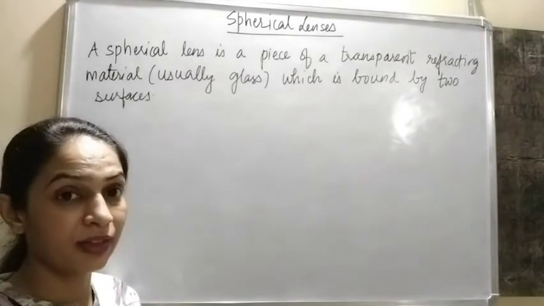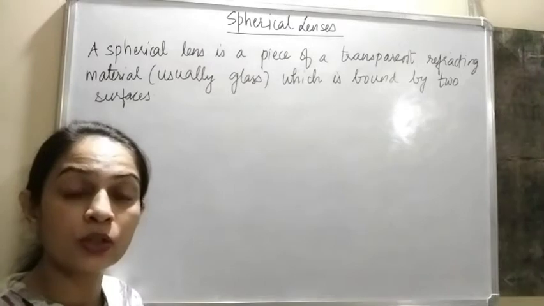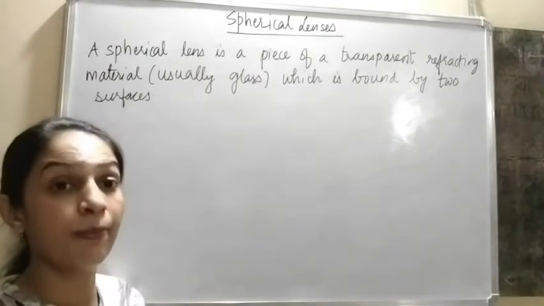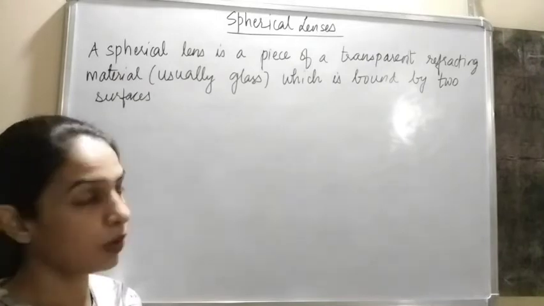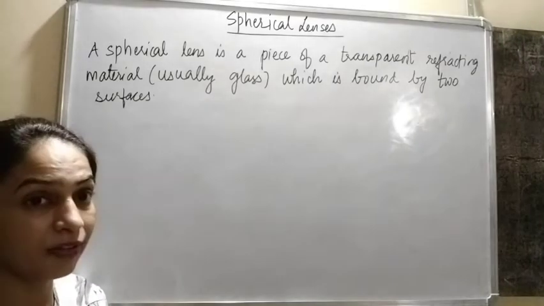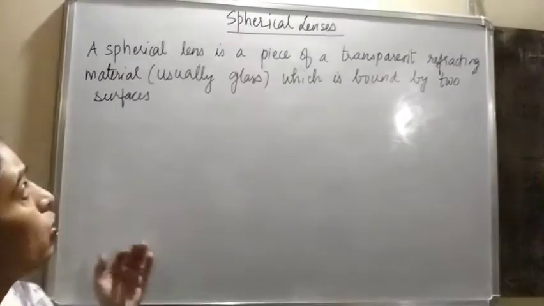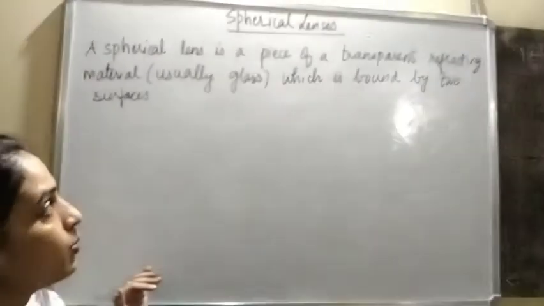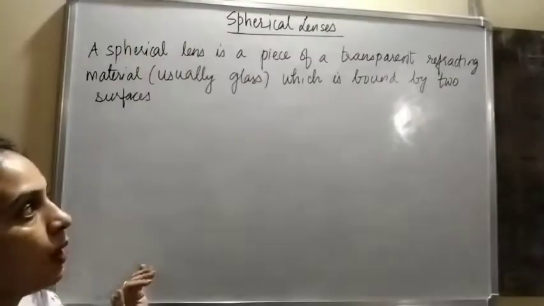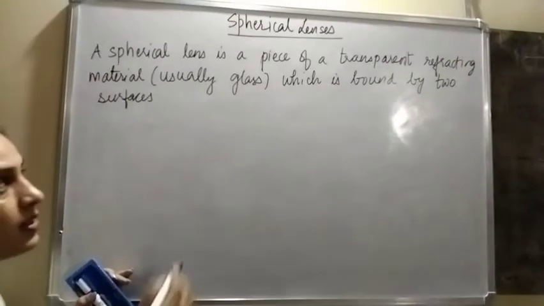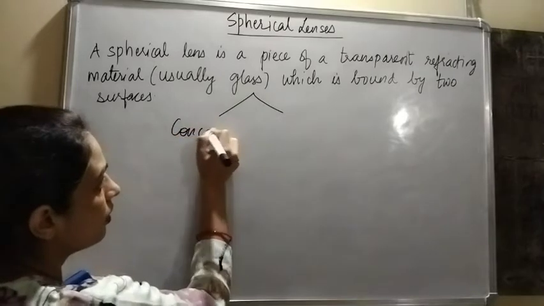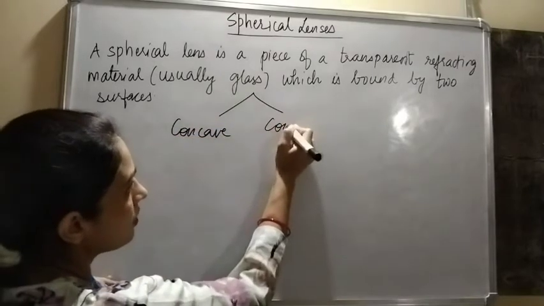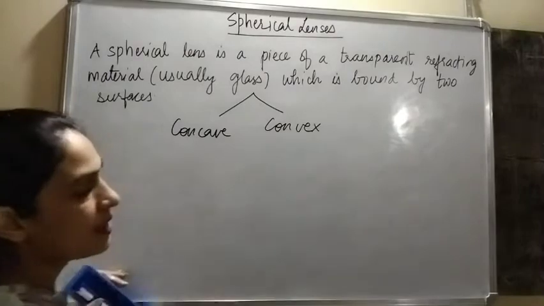That also consists of a lens which magnifies the object which you want to see, so the image is a magnified one. So a spherical lens is a piece of a transparent refracting material which is bounded by two surfaces. Two types of spherical lenses we will study: concave lens and convex lens.